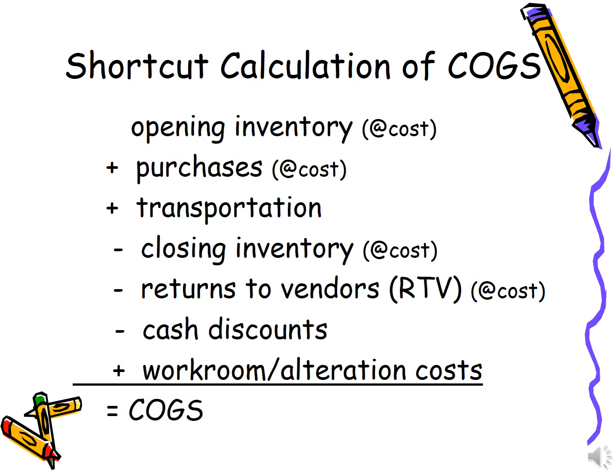So even if you don't remember the three intermediate cost terms, like total merchandise handled, gross cost, net cost from the previous slide, that's perfectly fine, but you will have to remember this shortcut calculation formula for cost of goods sold. And this indicates all the elements that we need to consider in the calculation of cost of goods sold and their roles, whether they are adding in or they have to be subtracted in the formula.